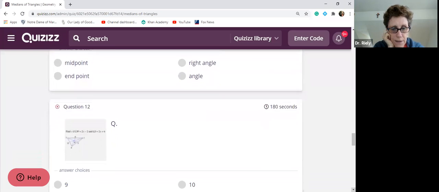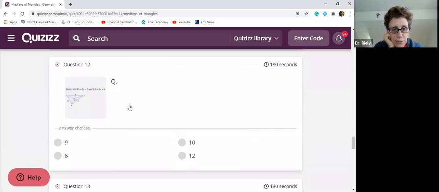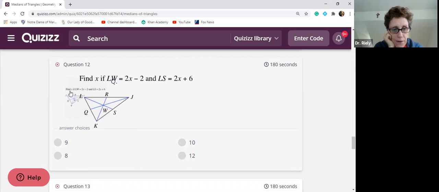Okay, 12. It looks like the question is in the picture, so let's make the picture bigger. Find X if LW, so what's LW? Oh, LW is the 2/3 part.